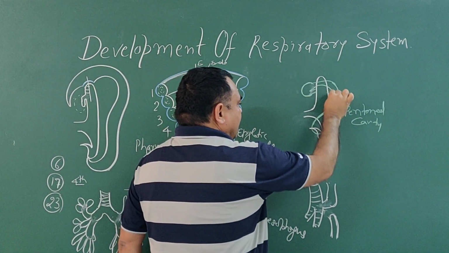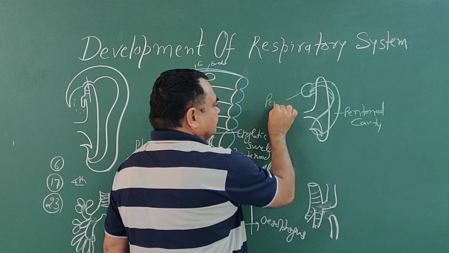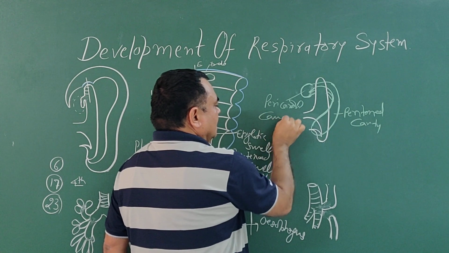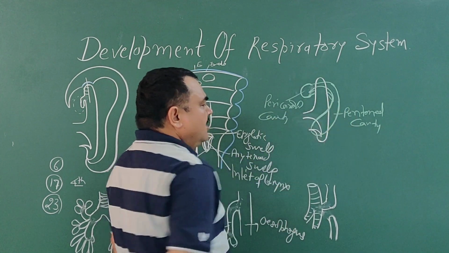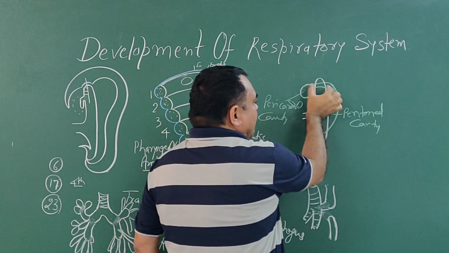So this pericardial cavity communicates with the peritoneal cavity by this canal.